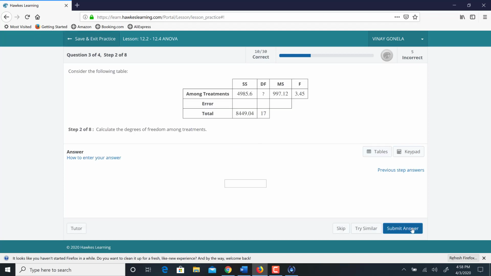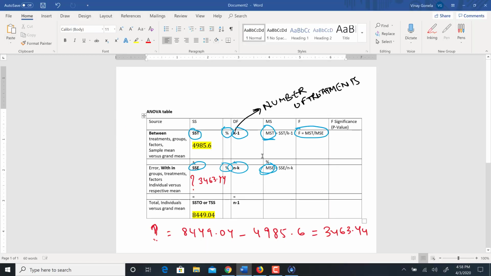So I suggest you fill in the entire table because they will again be asking you some questions related to it. So what is the degrees of freedom among treatments? They are asking you what this is.